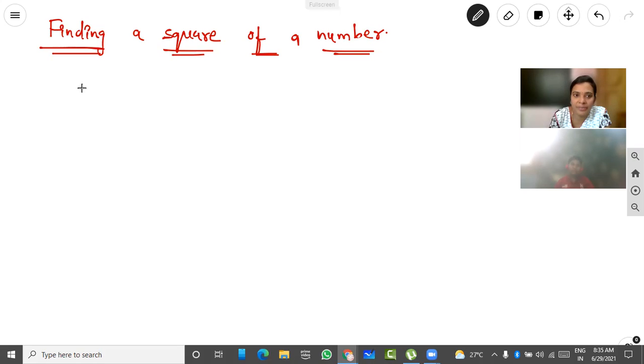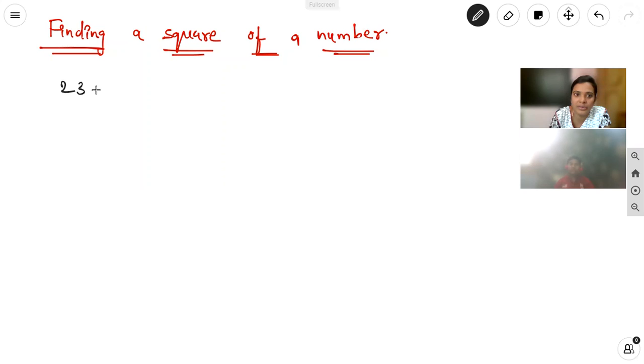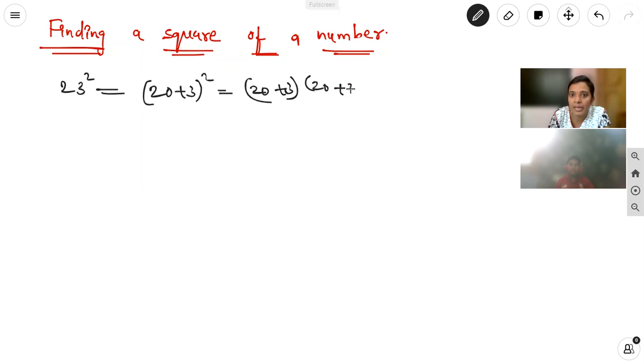Whatever number we are taking, suppose 23, can be written as 20 plus 3. So the whole square means (20 plus 3) whole square. We can write it in factors: (20 plus 3) into (20 plus 3). We know the distributive law: 20 is distributed to the first factor, 3 is distributed to the second factor. So 20 into (20 plus 3) plus 3 into (20 plus 3).